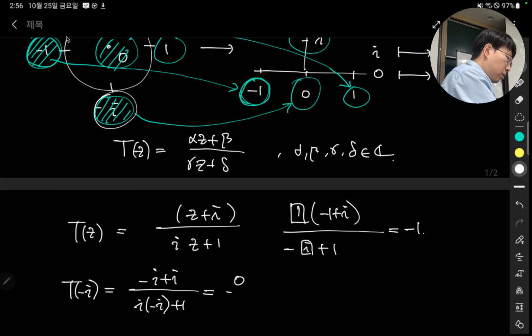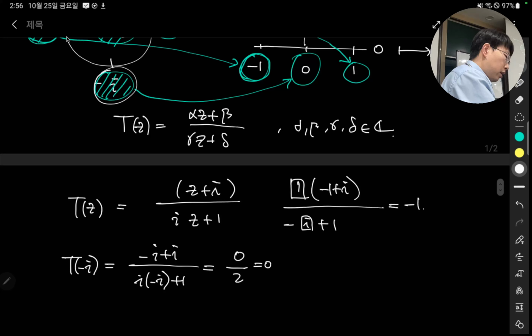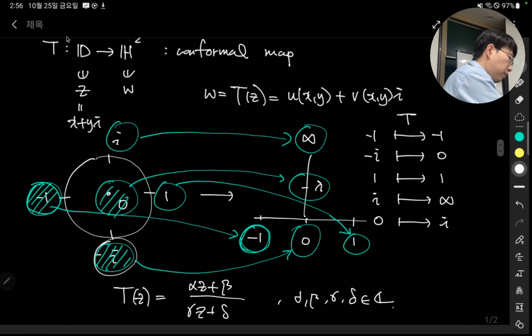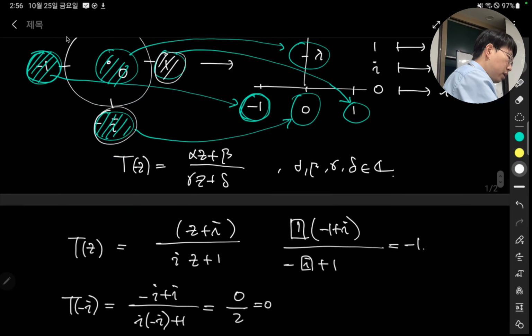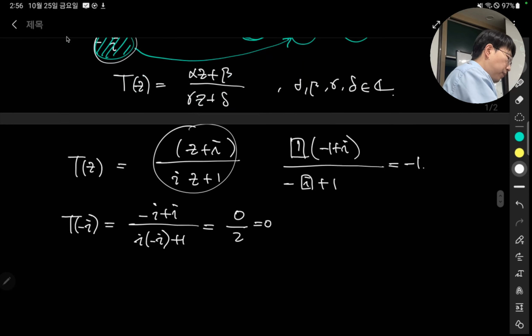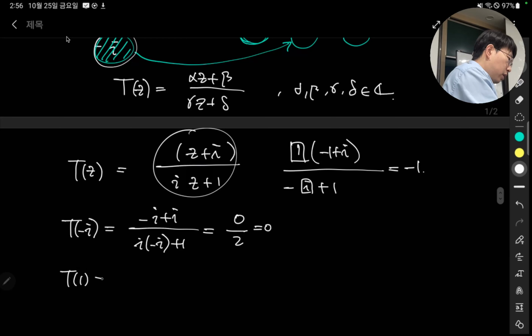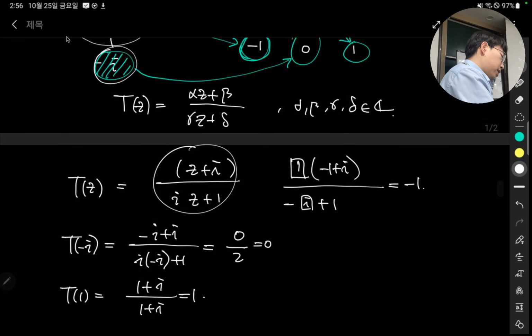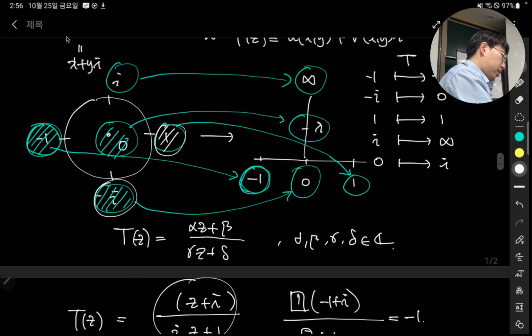So I get 0 over 2, so I get 0. That's right. And I had checked already minus 1, so that's fine. Let's check the other points. How about I plug in 1? Then I get t of 1 equals 1 plus i over i plus 1, which is 1. So that's fine. So I think now everything is okay.